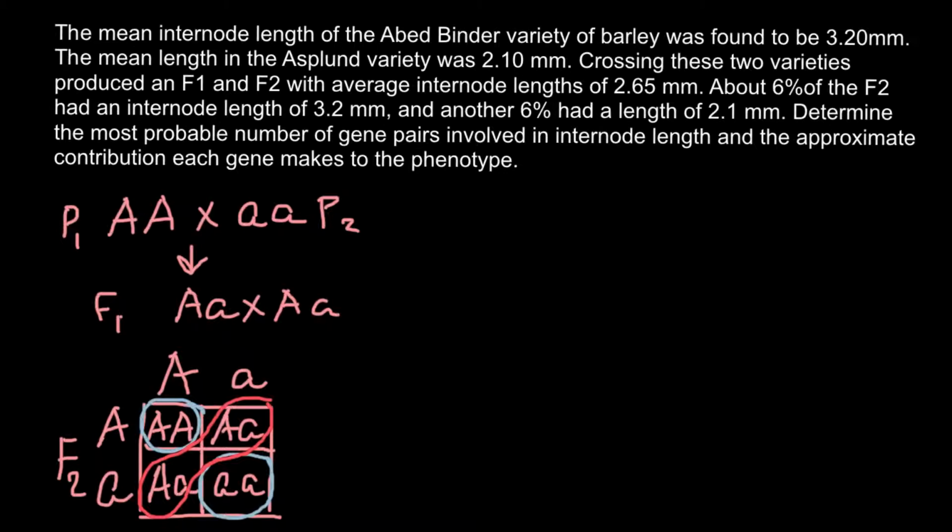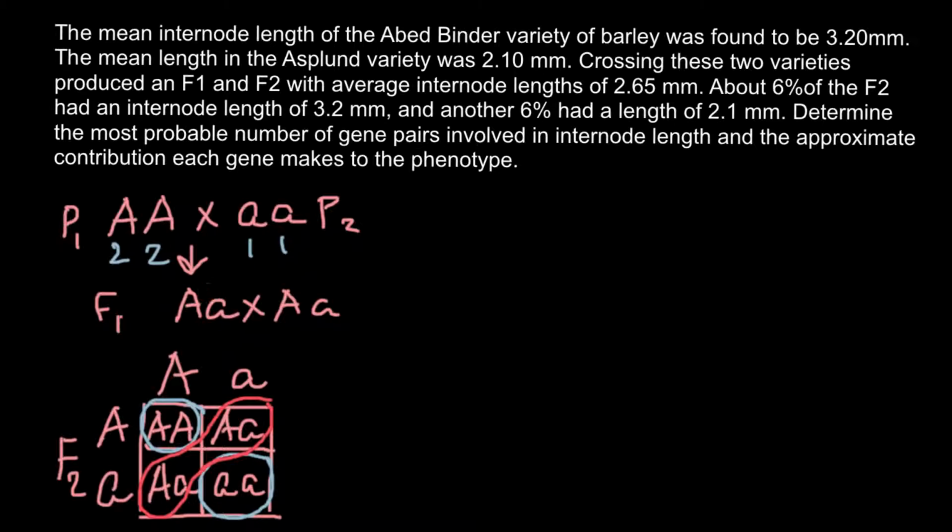So if the additive trait were, for example, that dominant allele A would add 2 centimeters and recessive allele would add 1 centimeter, the length of this plant would be 4 centimeters and the length of this plant would be 2 centimeters.